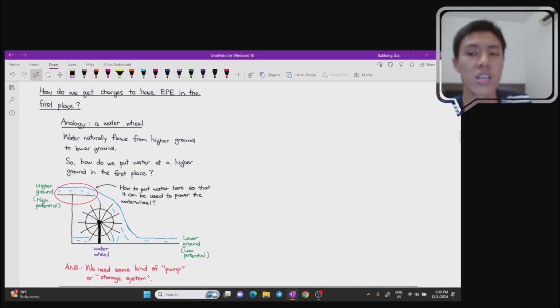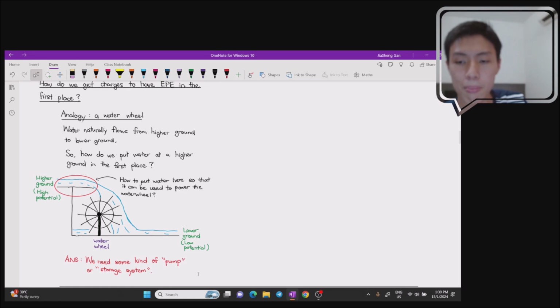So that's the idea. Our question will be, how do we put water at the higher ground so that it can be used to rotate the water wheel? How do we bring it up? You need some kind of a pump, or you need some kind of a storage system. So logically think about it. You want to bring the water to a higher ground. It's something that is difficult, something that requires effort.